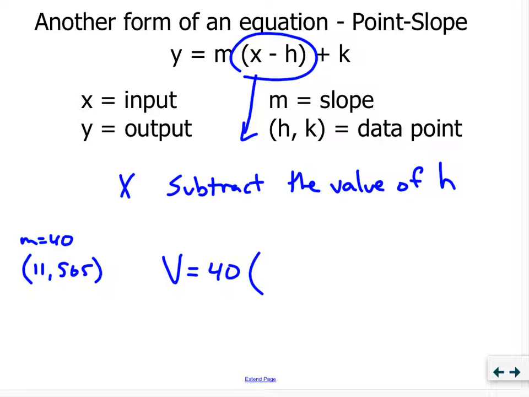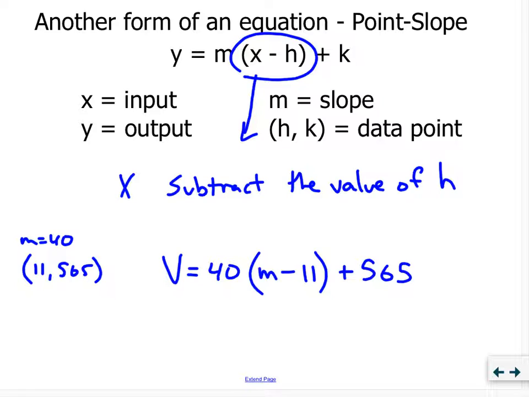We'll make a set of parentheses. We're going to use the variable m for months, subtract the h value, the x value of our data point. So it's m subtract 11. And then we'll put our positive 565 on the outside. So this is an equation that we can use to represent the value of the account after m number of months.